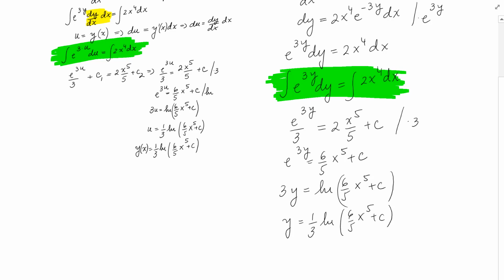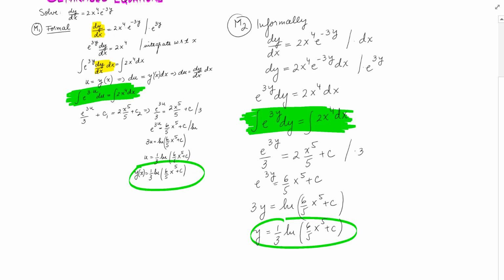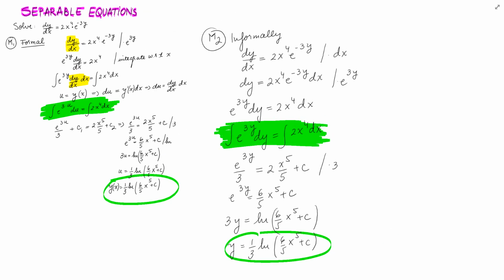So when we compare these two results, we got exactly the same thing. So this method where it just works to multiply by dx is used more often because it just shows how we separate the variables to have only x's on one side and only y's on the other side.